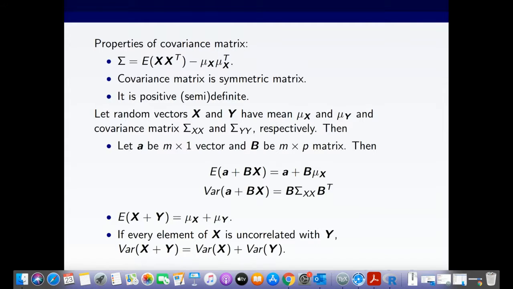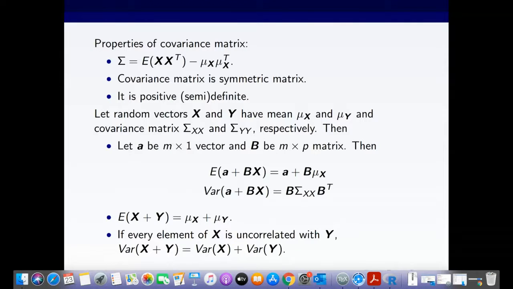Let's look at the properties of random vectors. We have x and y, which are random vectors. I am assuming that they are p by 1 vectors, with mean vectors mu x and mu y, and covariance matrices capital sigma xx and capital sigma yy.